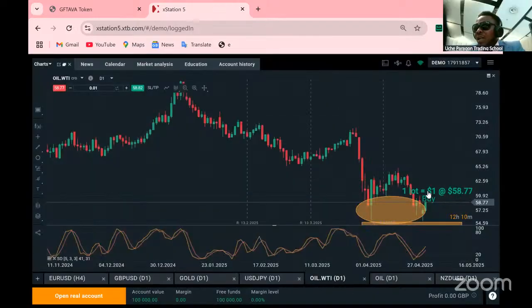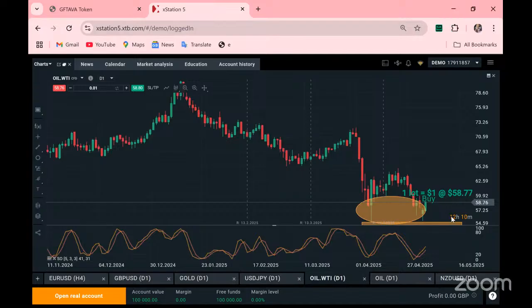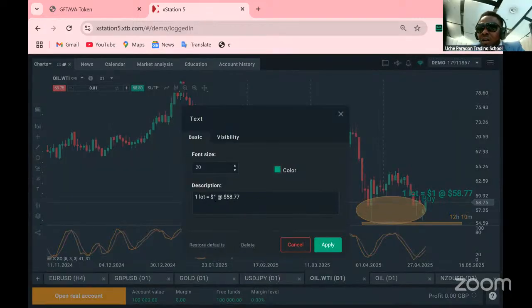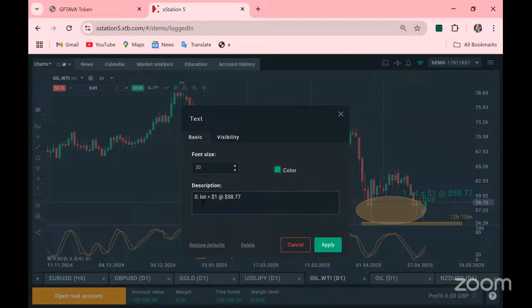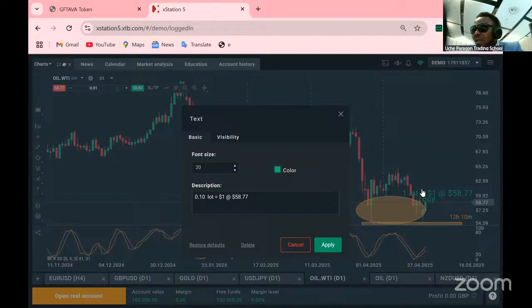So here is where you place the buy, 58.77. That $1 is what lot? Let me write it as well. One lot is $1, should be 0.10.